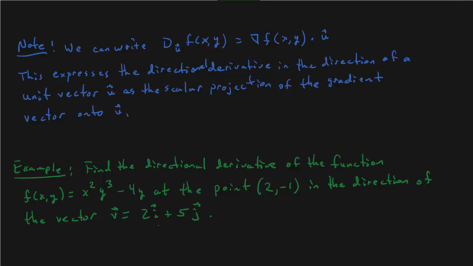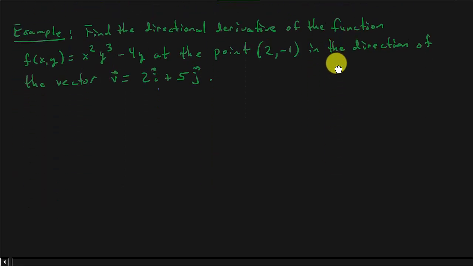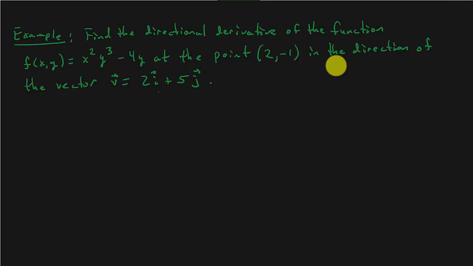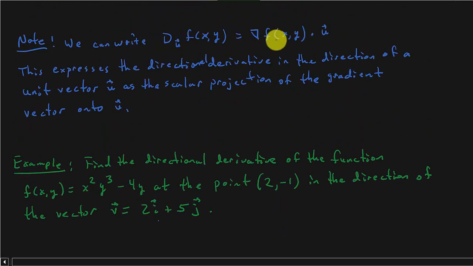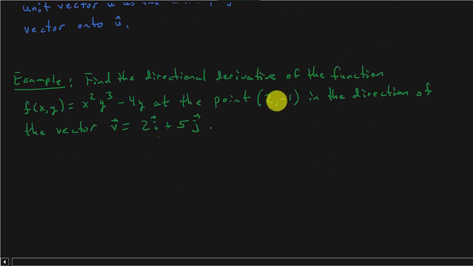So remember what it says. The directional derivative is the dot product of the gradient of f and the unit vector. That's what we're looking for at that point.